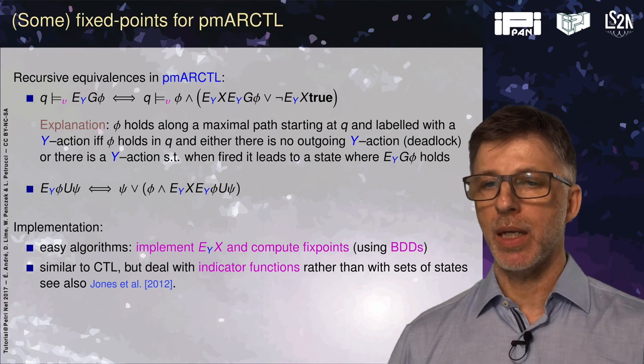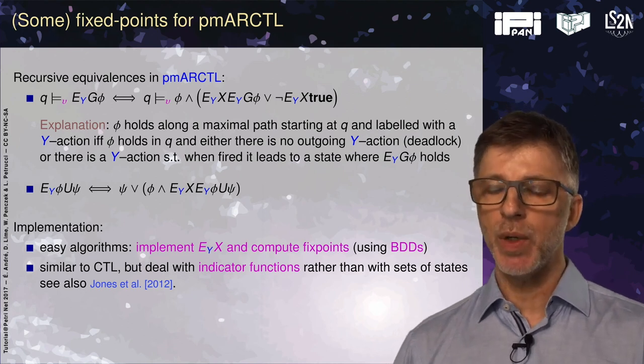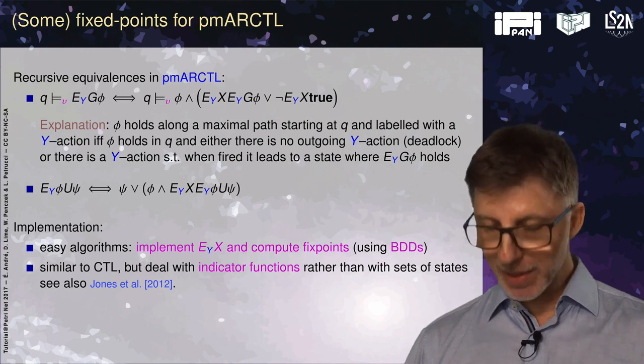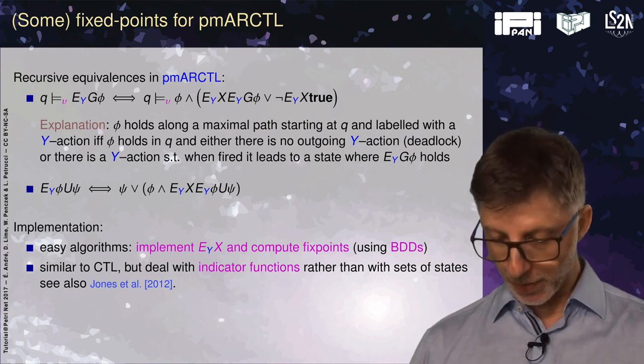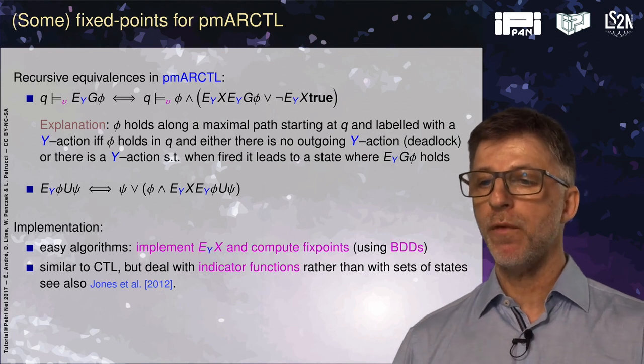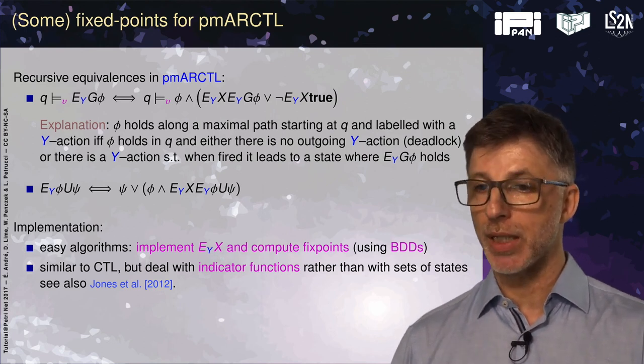One can use an implementation, and that is what we are doing in the tool Spatula, which first implements the next step operator, that one, and then computes fixed points using BDDs.